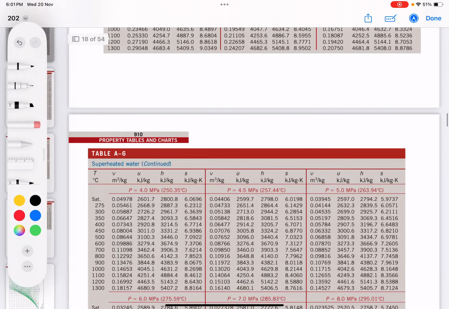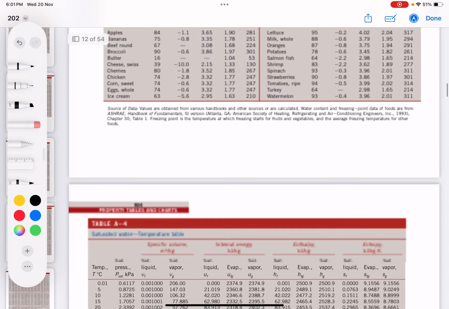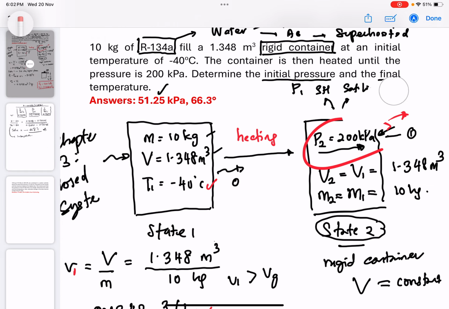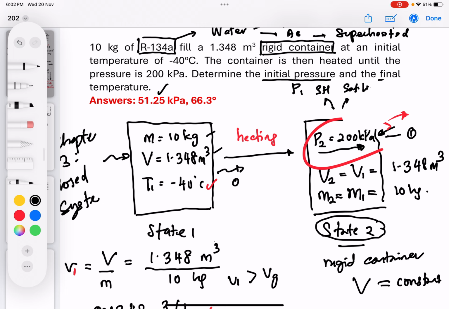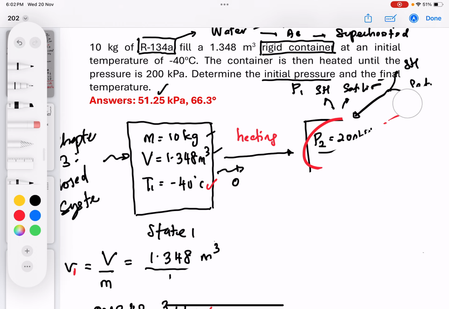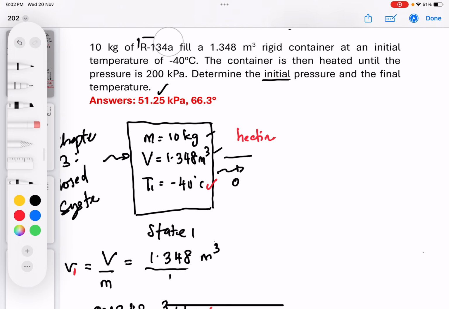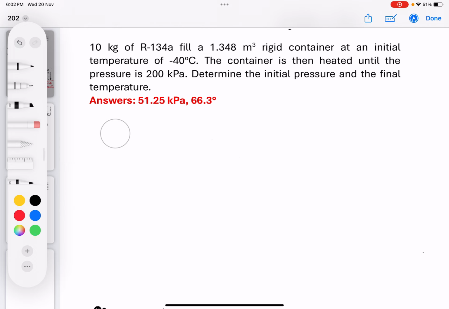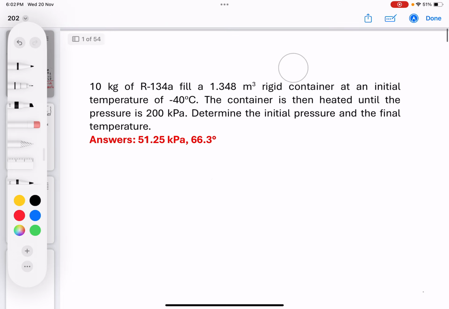So if you only got one, just like state 2 in example 1 here, you cannot really solve it, because by only knowing one property you cannot determine the state. Why? Because 200 degrees Celsius here can be either superheated, or sometimes it can also be saturated liquid. So you have to have a minimum of 2. So usually when you got only one piece of information, you have to try to work out another property so that you can solve the question.